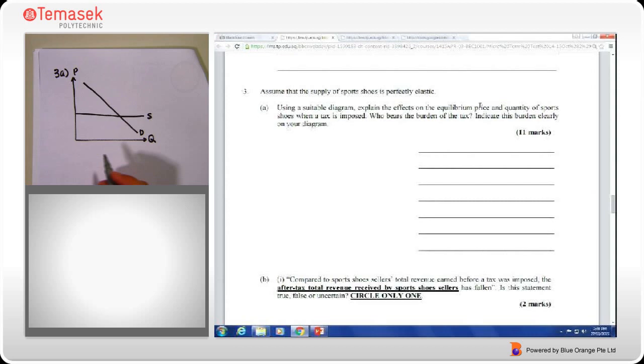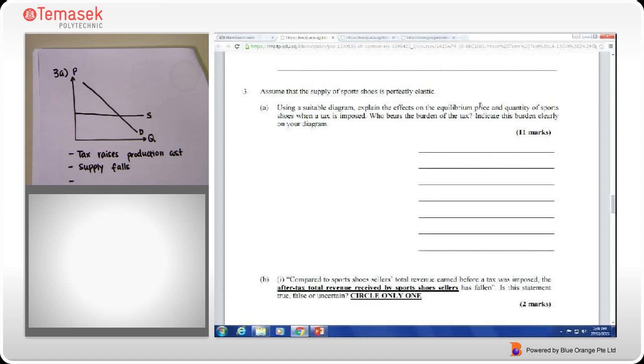When a tax is imposed, we start by saying that tax raises production costs, and so this will lead to supply falling.